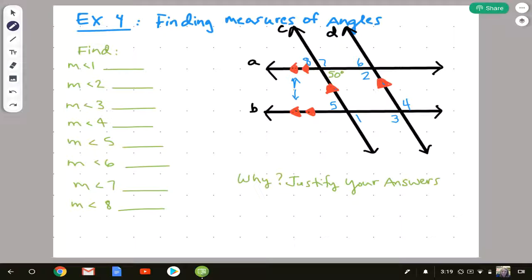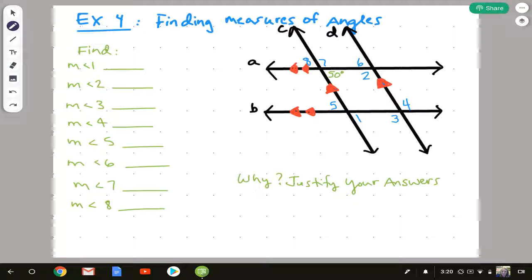Okay, so this picture is a little bit tricky because we can actually consider any of these lines to be transversals because they're intersecting, like line C is intersecting parallel lines A and B. Line D is also intersecting parallel lines A and B. So each one of those could be looked at as a transversal, or we could look the other way and say, well, C and D are parallel, so A could be a transversal, or B could be a transversal.